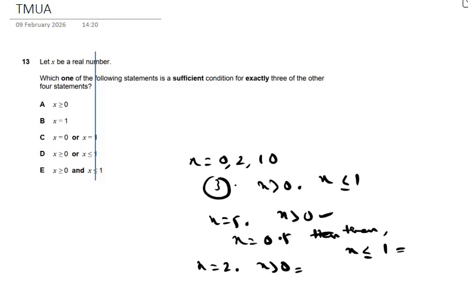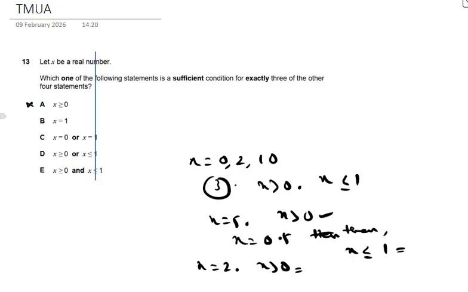Sometimes other statements are true, sometimes not. So finally, does it force 0 less than x less than 1? No. So statement A is too broad. It does not guarantee exactly 3 other statements are true. So A is not sufficient.